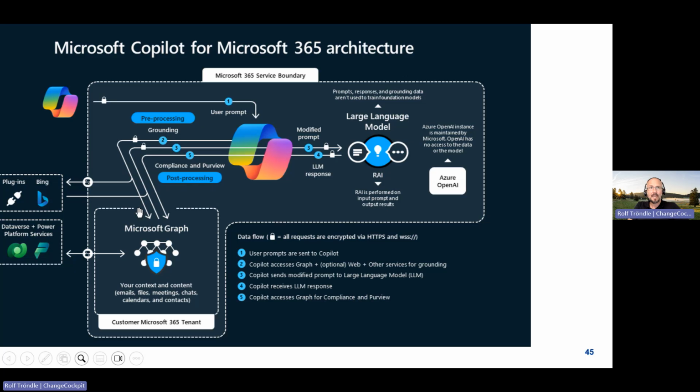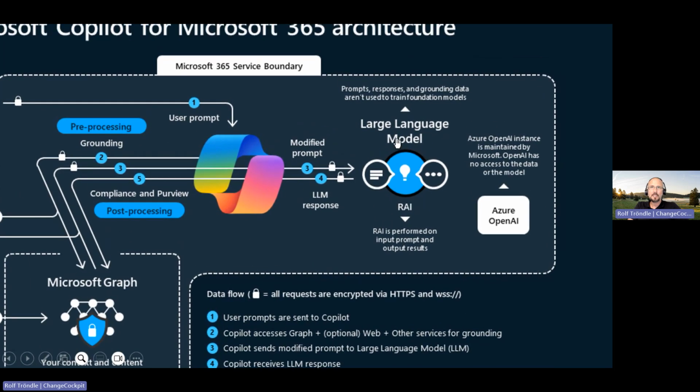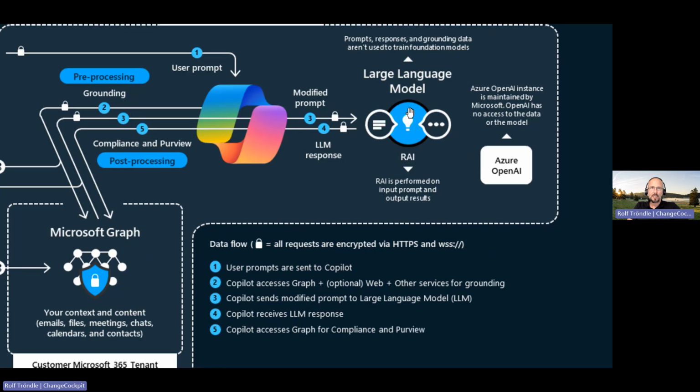Okay, Copilot then accesses the graph and, as mentioned, the web and other services for grounding like Dataverse and Power Platform services. Then it will modify the prompt and send it to the large language model. That's basically the GPT. By default, it's still GPT-4, and now we can also opt in for GPT-5.